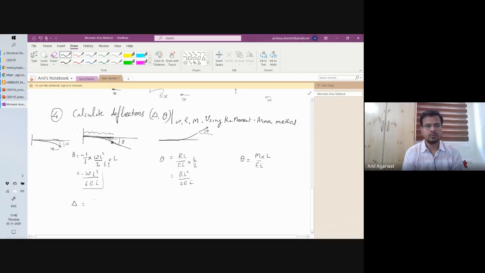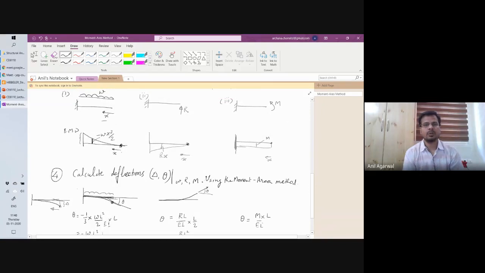So that will be equal to minus W L cube divided by 6 EI, that is the area, multiplied by this distance. This was a parabola. Where was the centroid of this parabola? We just solved it, right?